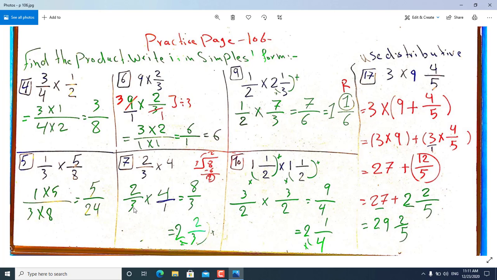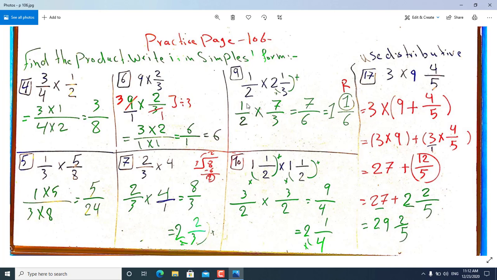So we multiply the top numbers together and the bottom numbers together. 2 times 4 is 8, 3 times 1 is 3. We get 8 over 3. But 8 is more than 3, so we can divide. 8 divided by 3 is 2. 2 times 3 is 6. 8 minus 6 is 2. This 2 is the remainder, it goes over the fraction, and this 2 from the whole is the mixed number. 3 we don't change, it's the denominator.